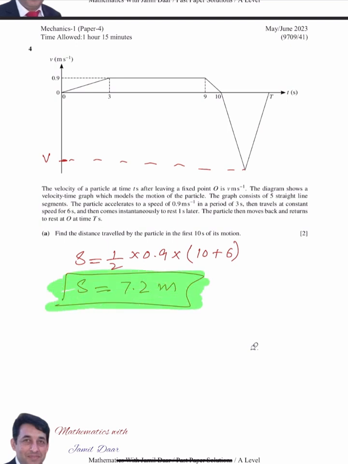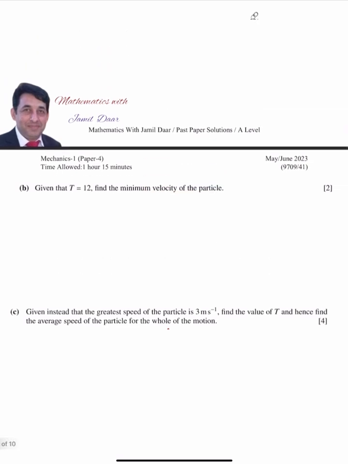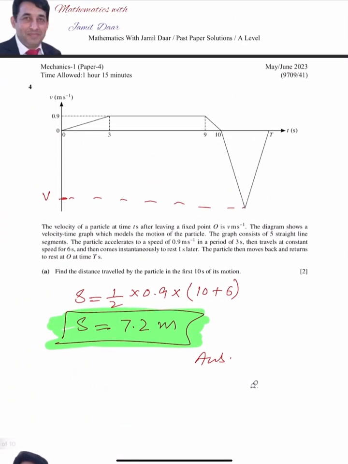Okay, so we'll move to the next part. Part B, given that t is equal to 12, find the minimum velocity of the particle. So if this is 12, find the minimum velocity, this one. So can we write it as V minimum? So this is V minimum.